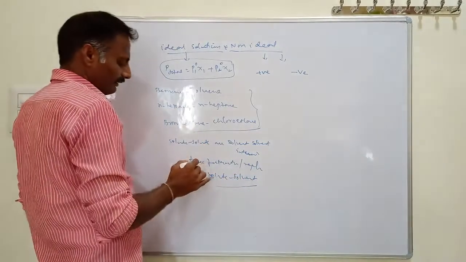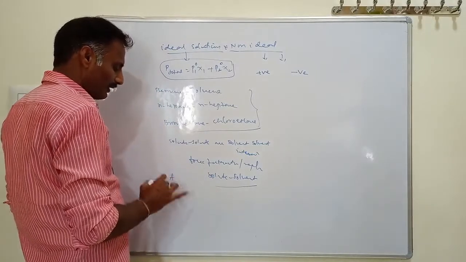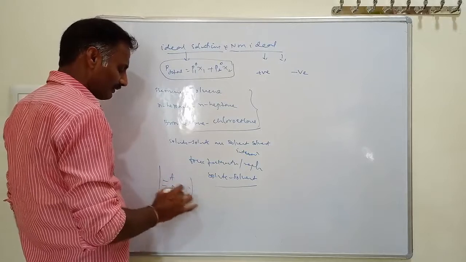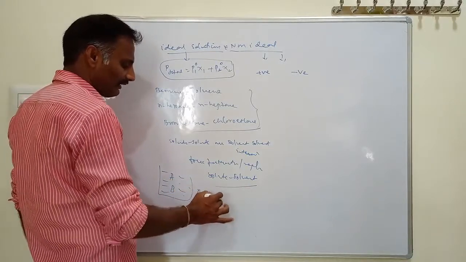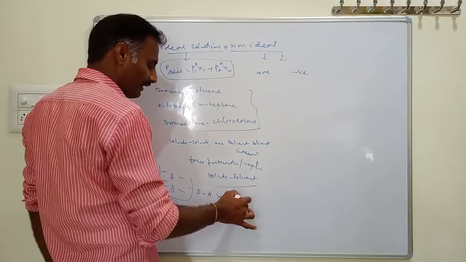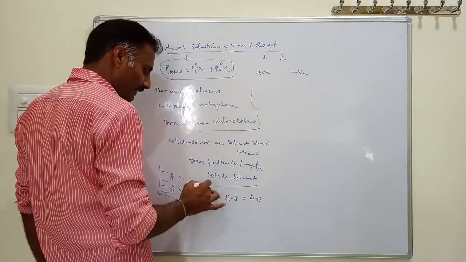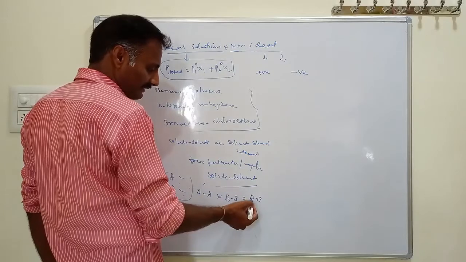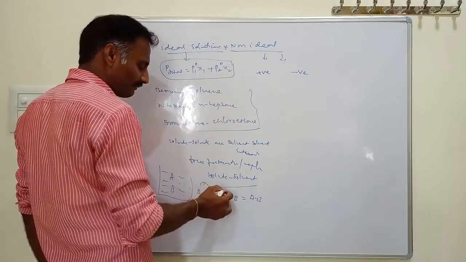For example, A is one component and B is one more component. Here we are mixing the two components A and B. If you mix A and B, the AA interactions and BB interactions are the same as the AB interactions. After mixing component A and component B, the interactions between A and B should be the same as the AA interactions and BB interactions.